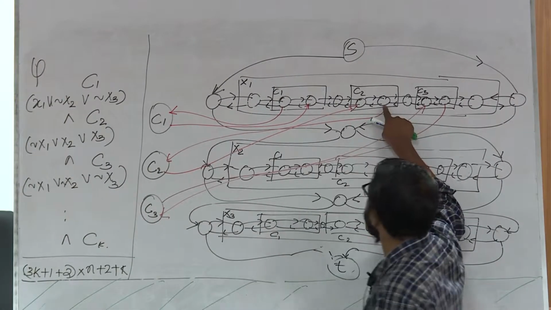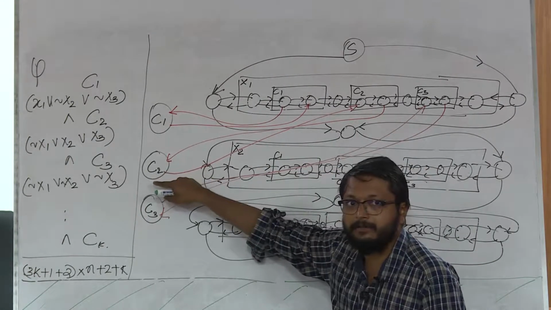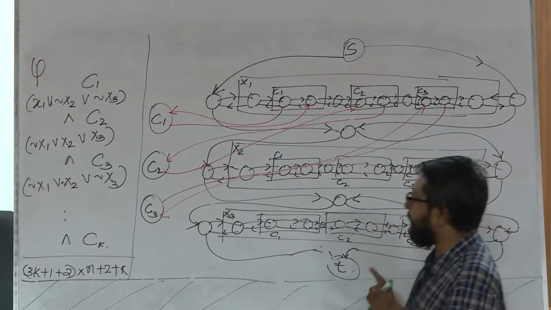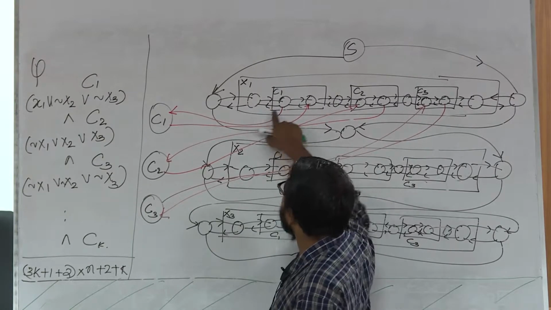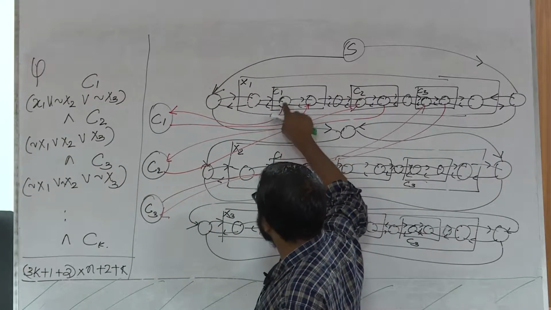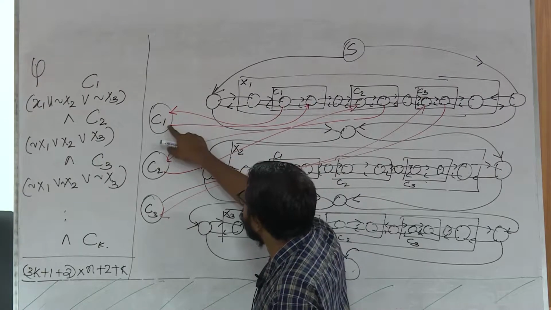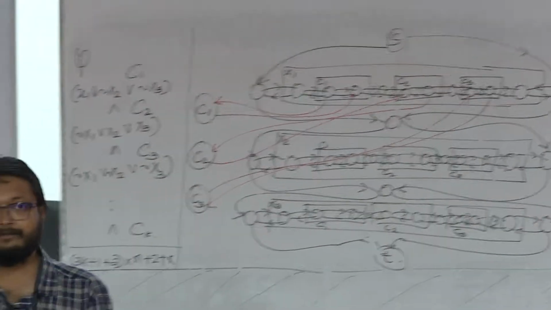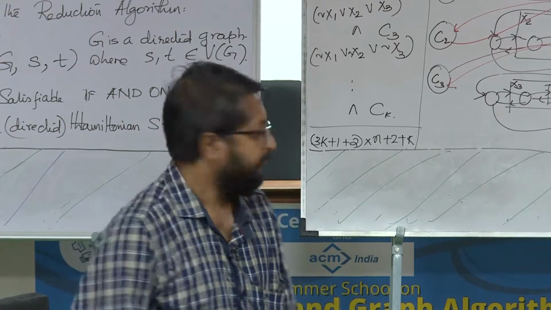So, I put an arrow from the right to C2 and C2 back to the left. Whereas x1 appears in positive form in C1, therefore from the left of x1 C1's left, I put an edge here and an edge back to the right. That is my convention. All right.